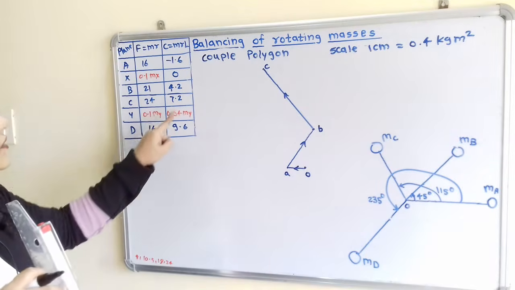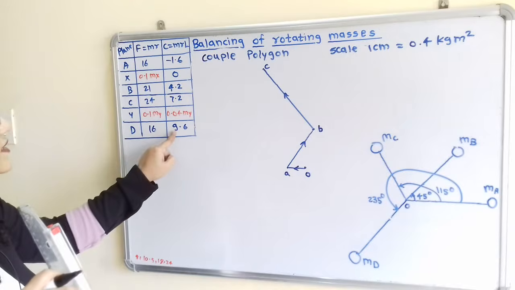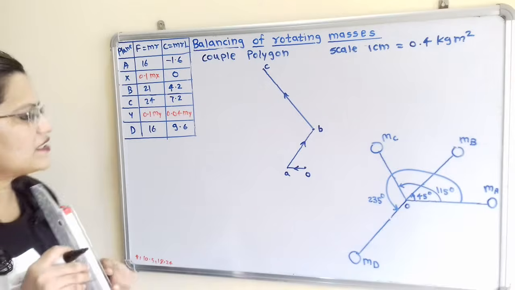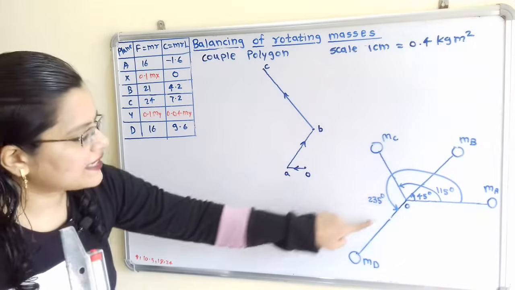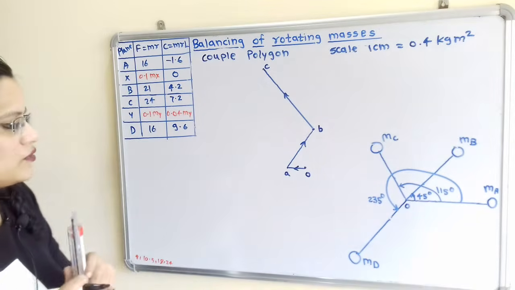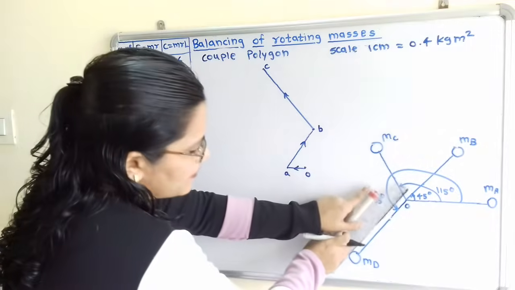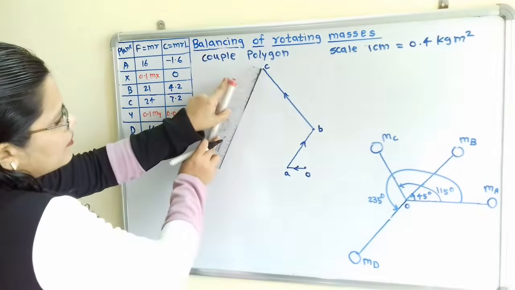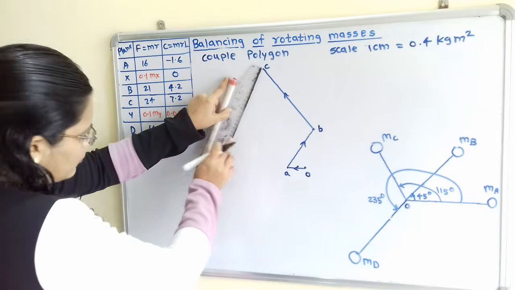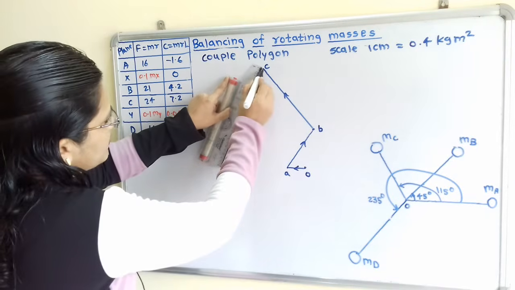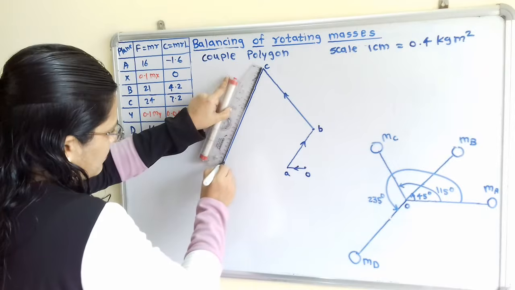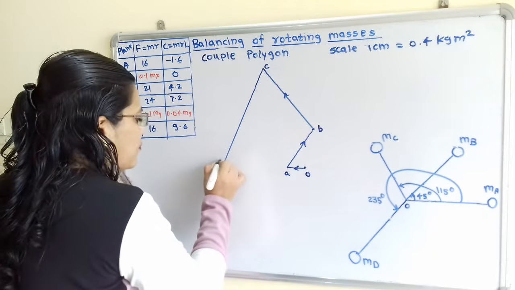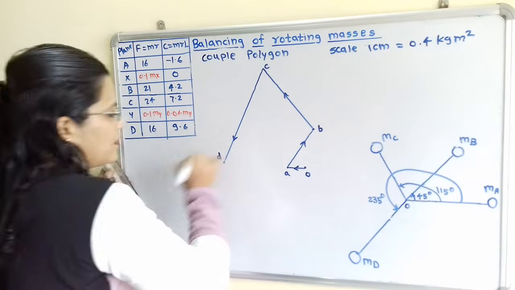So this Y is the unknown term. For D it is 9.6. So 9.6 divided by 0.4, that is 24. So D is at an angle of 235 degrees. So again we will transfer this line and we have to draw here a 24 centimeter line. And here the last point will be point d. So we will show the arrow also.